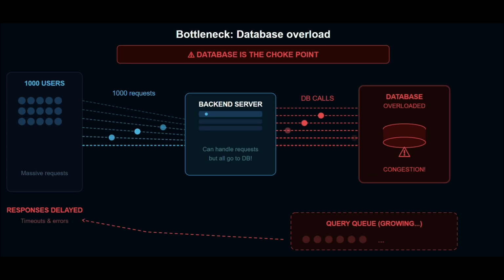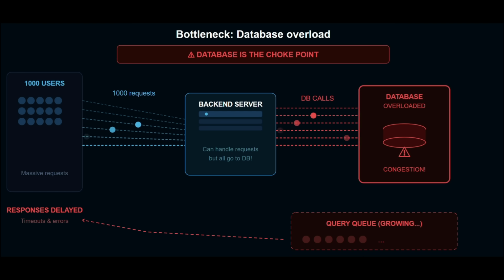From the user's perspective, the app feels slow and pages keep loading, or sometimes it stops responding. And if this continues, the system can even crash. So this situation is called a bottleneck. And a bottleneck is simply the part of the system that slows everything down. And in this case, the bottleneck is the database, because without the database, nothing in the application can function.